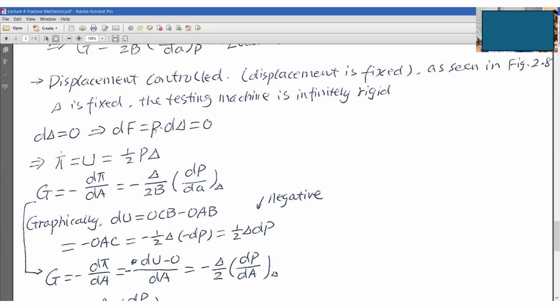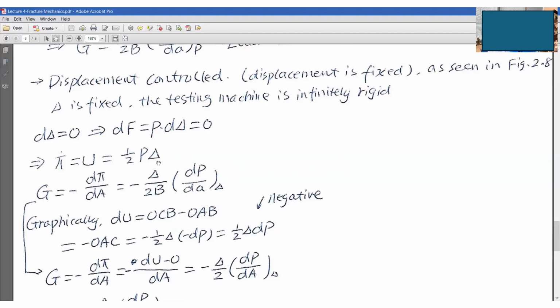No matter how your P changes, the whole thing, dF equals 0. So as a result, pi equals U minus F, F equals 0, F does not change. And so pi equals U. Pi equals U equals half P multiplied by delta.